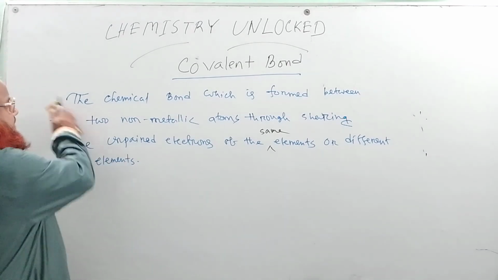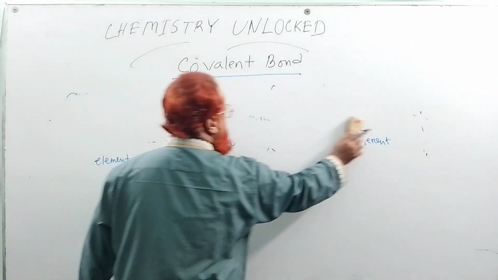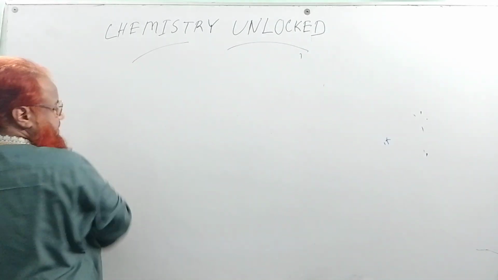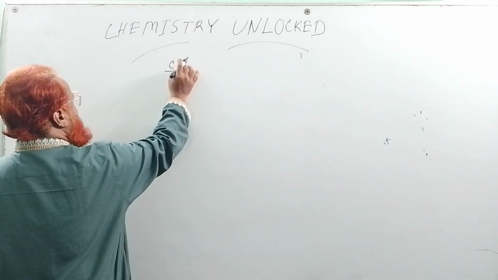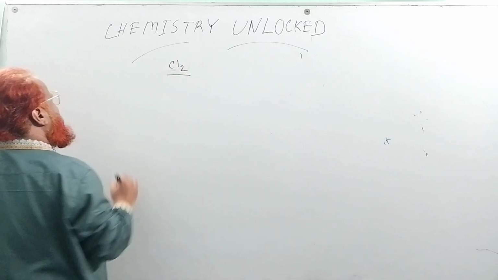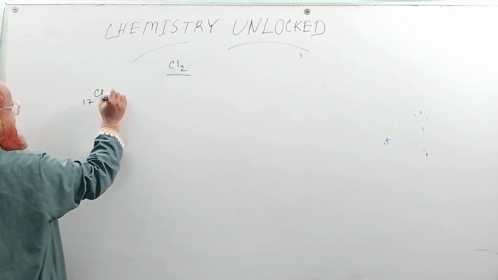For example, the Cl2 molecule formation. Chlorine's atomic number is 17.